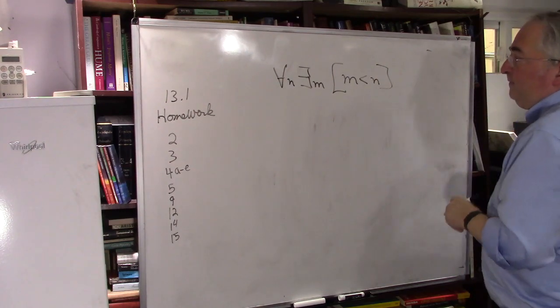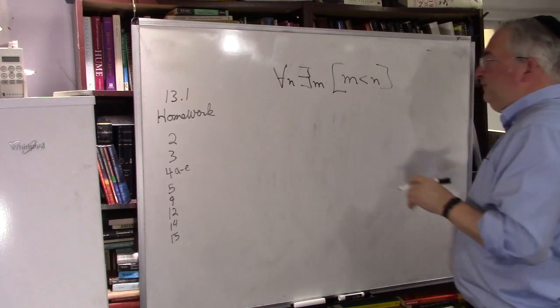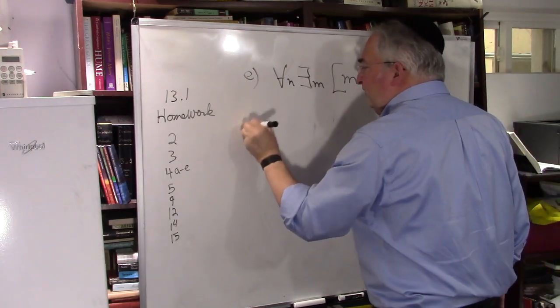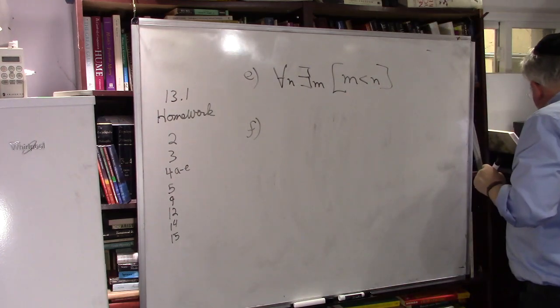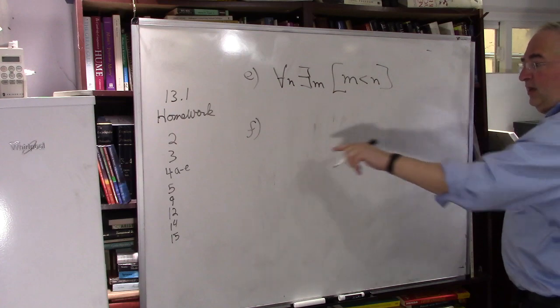Okay? Fine. 5f. So this is E. 5f we did in class. Good. Number 9.